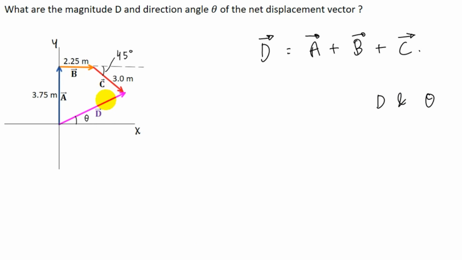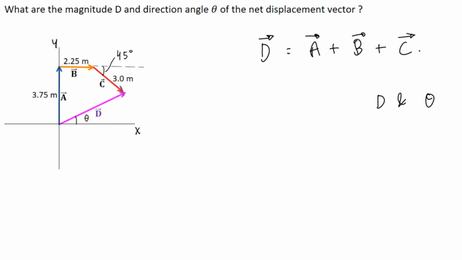If we were using the graphical method, we could measure the length of this vector by using our scale, and by using a protractor we could measure this angle theta. But here we're going to find this answer by using the components of a vector.